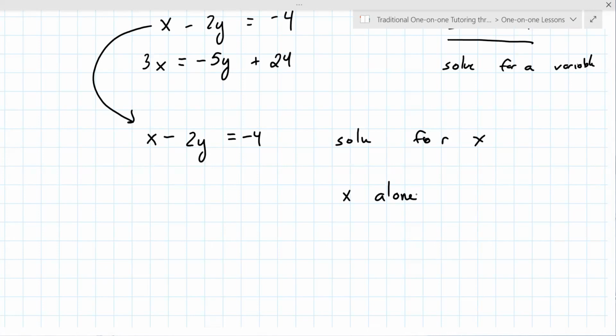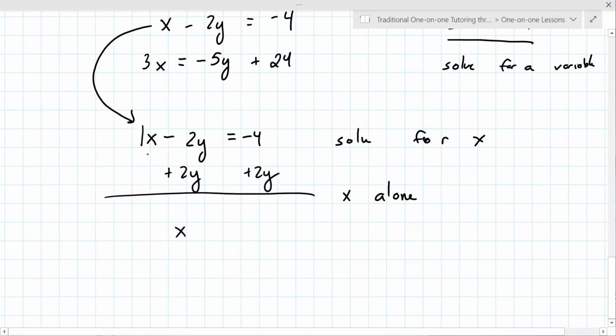Okay. So do you see how 1x is over here on the left? It's almost alone except for this -2y. How do you undo subtraction? Add. You add 2y. We're going to add 2y to both sides of the equation. So this becomes x, you just bring it down, x equals 2y minus 4.